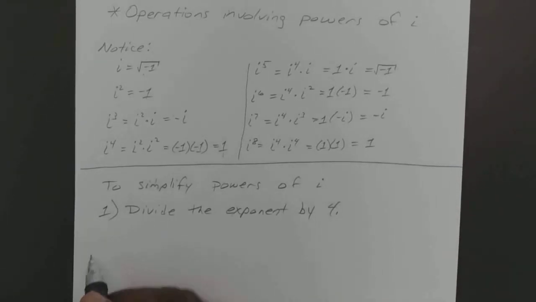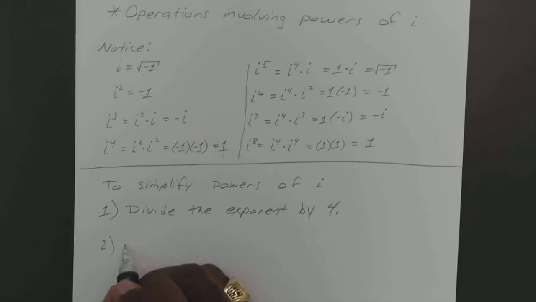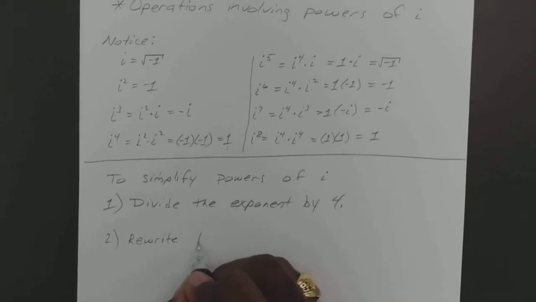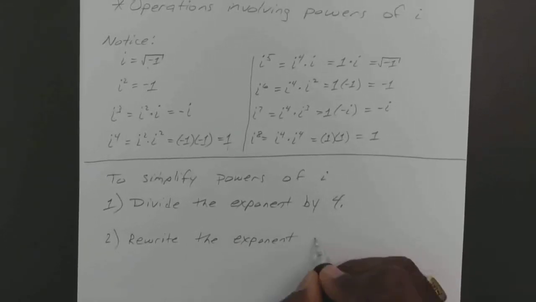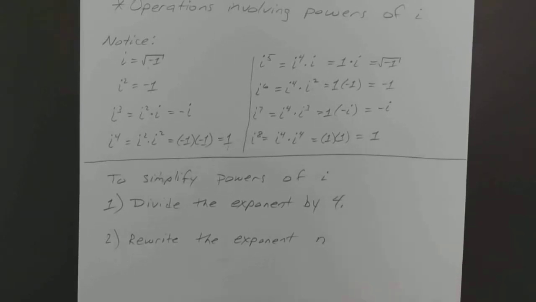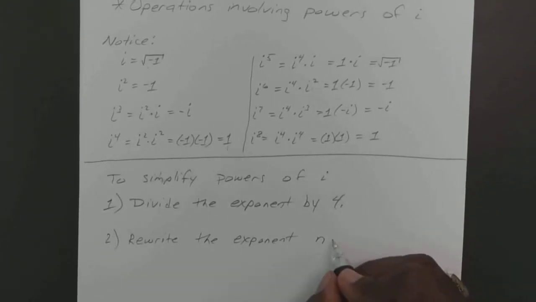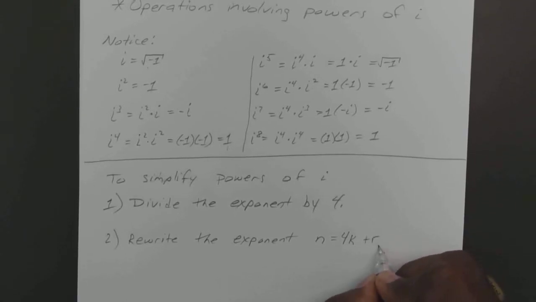Okay. Then after you do that, you're going to rewrite the exponent. Instead of being an exponent of n, you're going to rewrite it as 4 times some number k, plus whatever your remainder is.